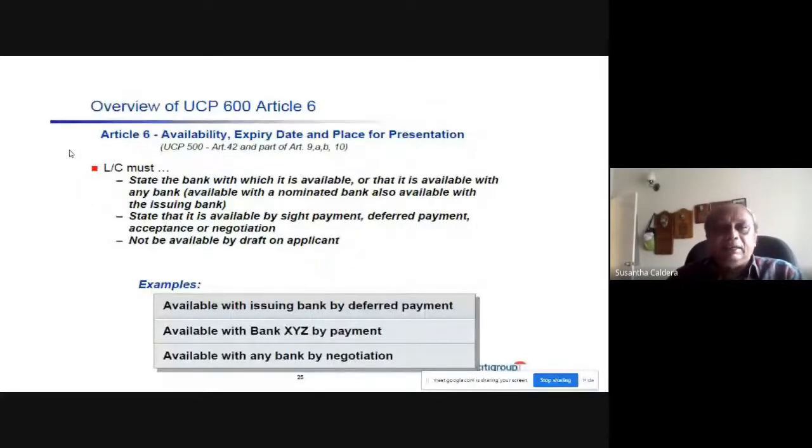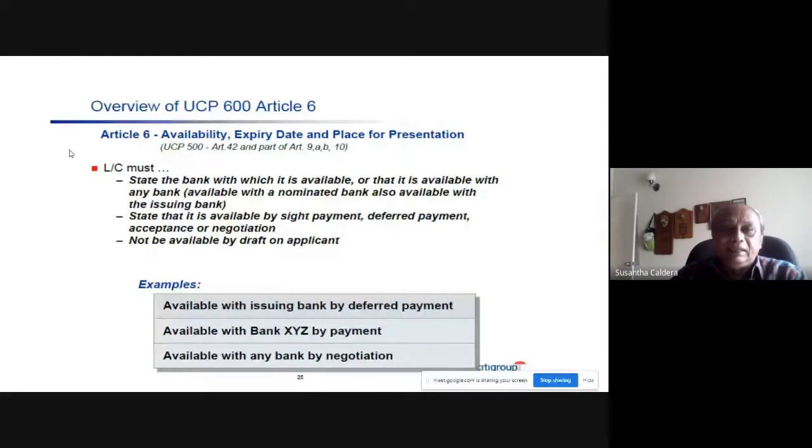Article 6. Availability, expiry date and place for presentation. An LC must state the bank with which it is available, or that it is available with any bank, available with a nominated bank, or available with the issuing bank.